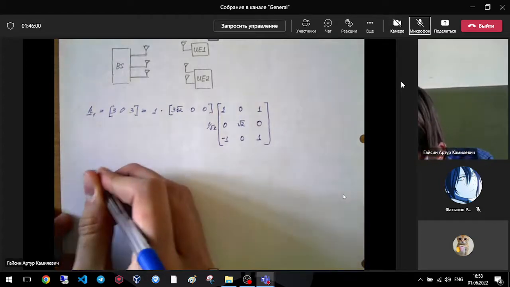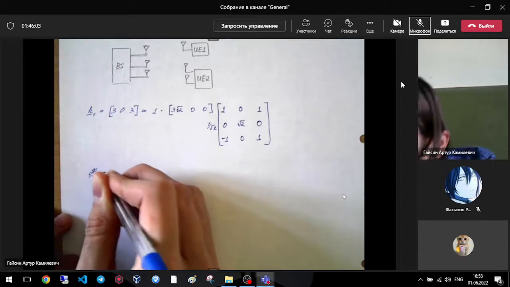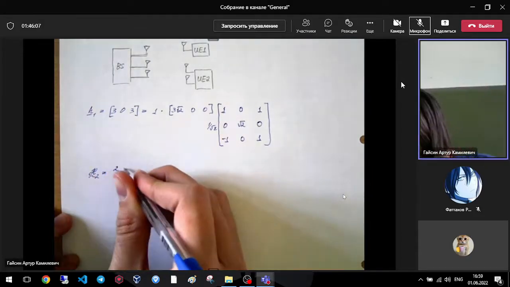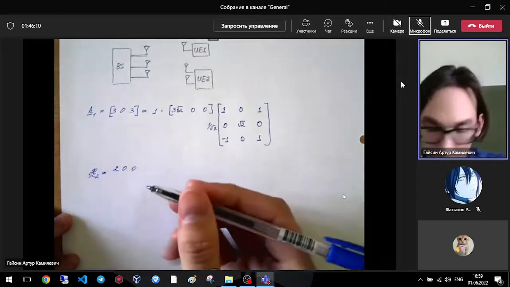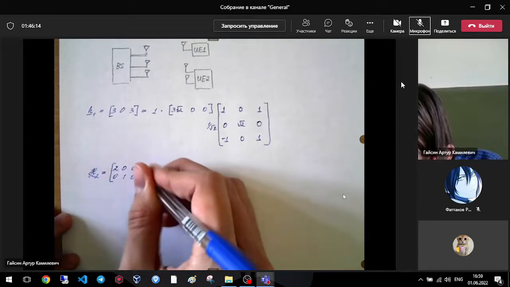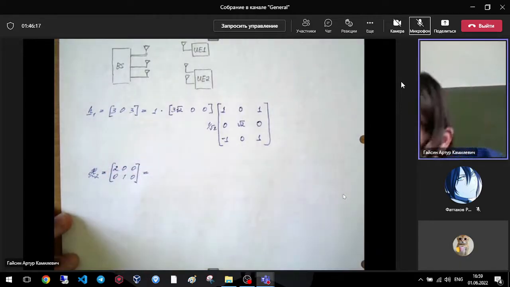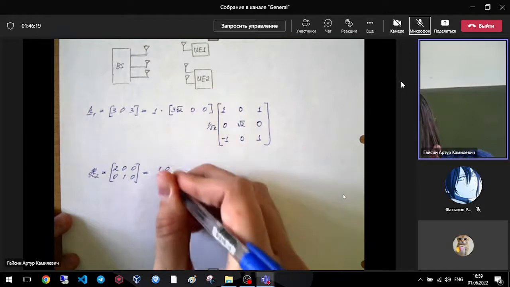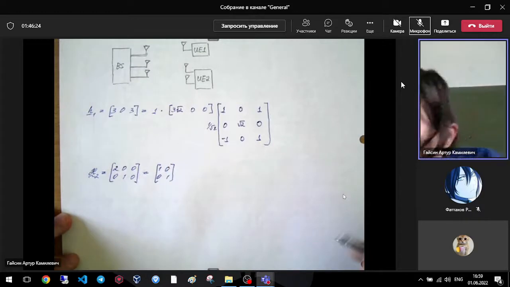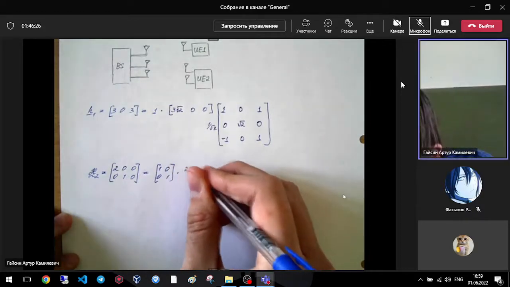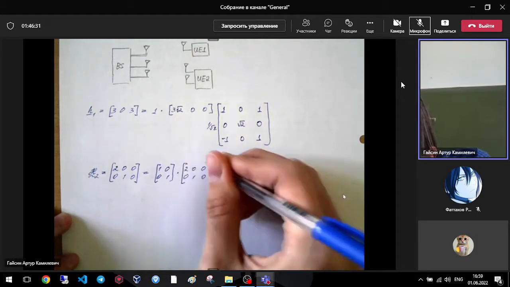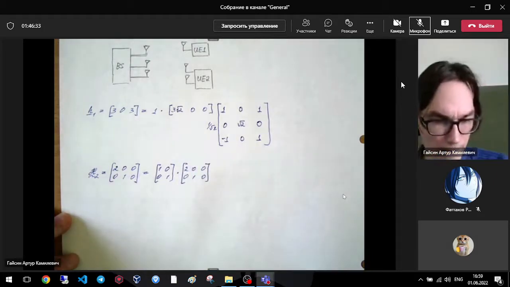So channel 2. So it is the channel for the second user. First row it is 2, 0, 0, and second row it is 0, 1, 0. And here, the left unitary matrix, then the singular value matrix.